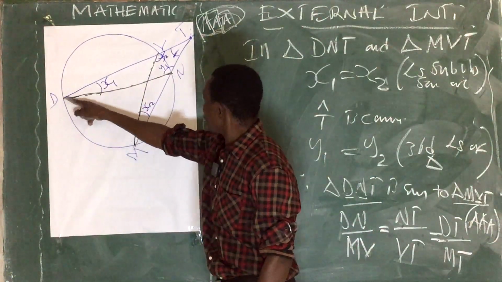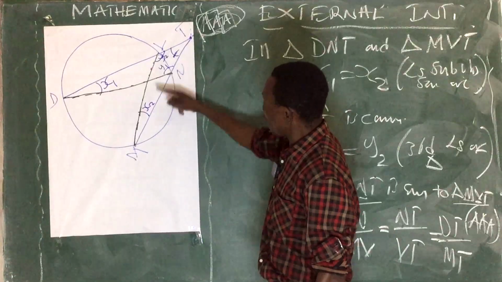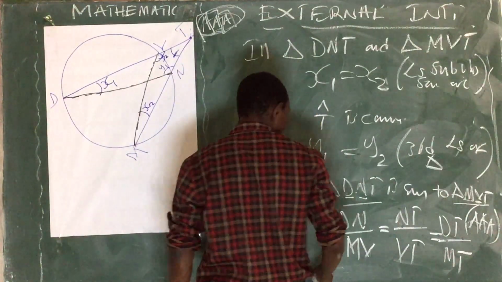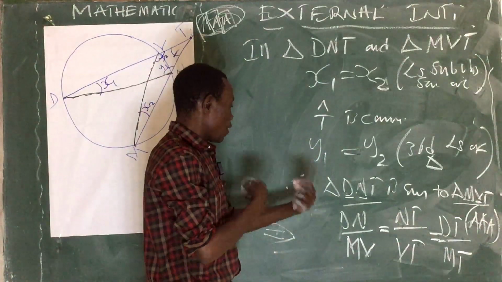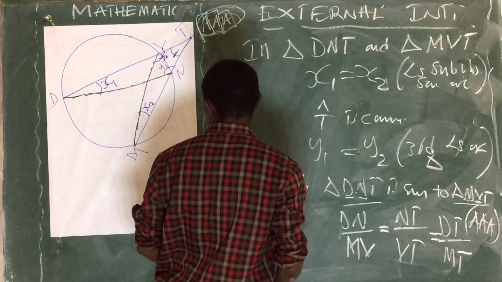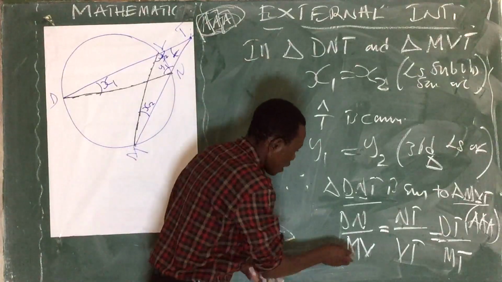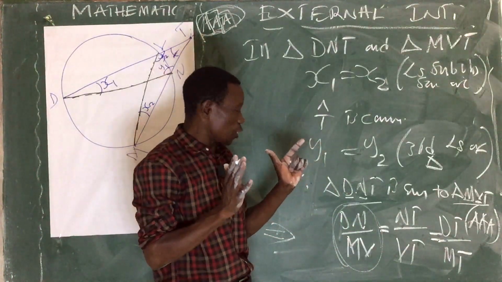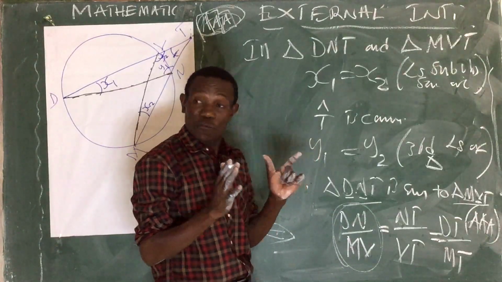So I'll talk of chord DV extended to T and chord MN extended to T. If you look at the two ratios, you find that one of the ratios of our interest will be this one here. I just need to take only two ratios there, so I have to observe what I need to see.